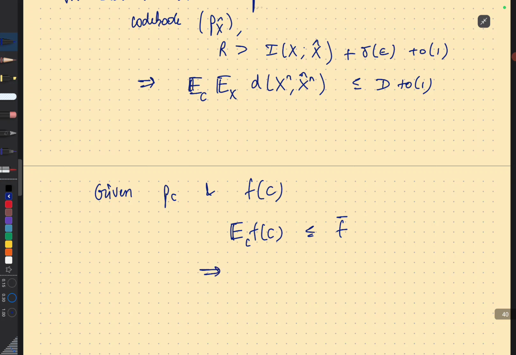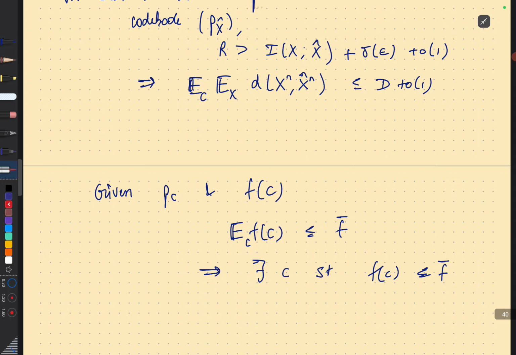Then I claim that there is at least one value of c, some realization of c, such that f of c is less than or equal to f bar. Do you agree with this point? Question?